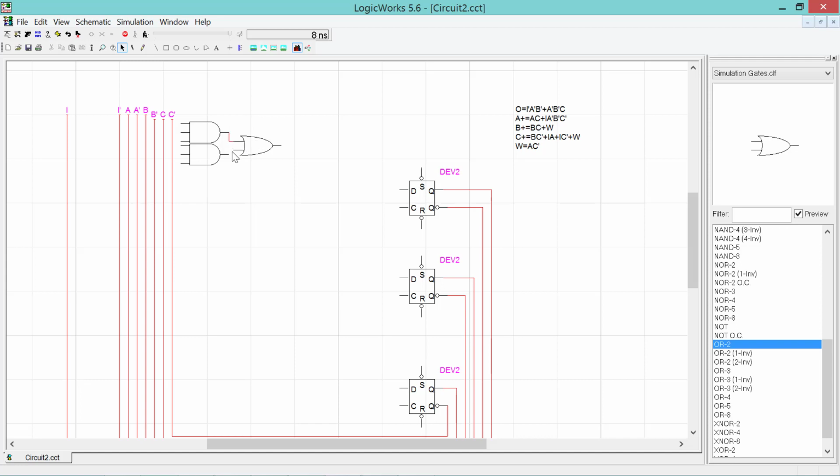We can connect the AND gate outputs to the OR input. And then we have for our first gate I prime, A prime, B prime, and then we have A prime, B prime, C.